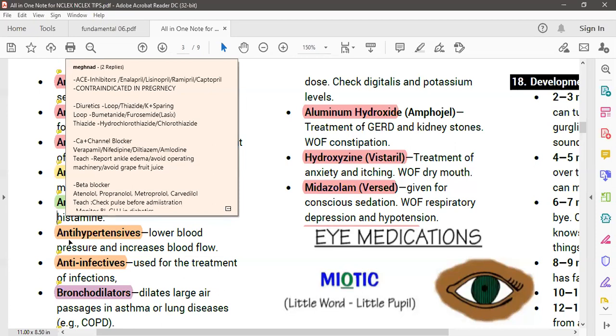The diuretics are loop diuretics, or thiazide diuretics. Thiazide or loop diuretics both are potassium depleting. Other diuretics are potassium sparing diuretics.